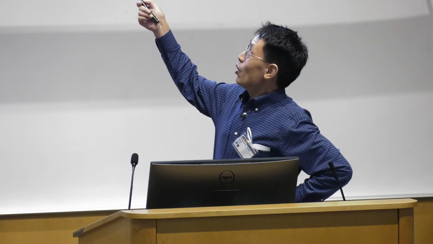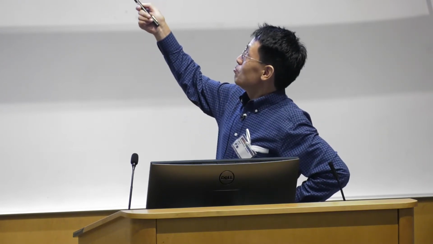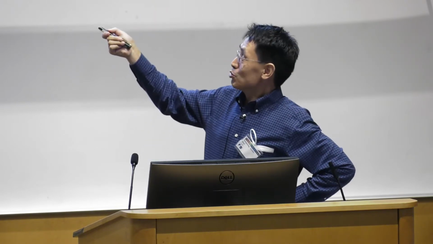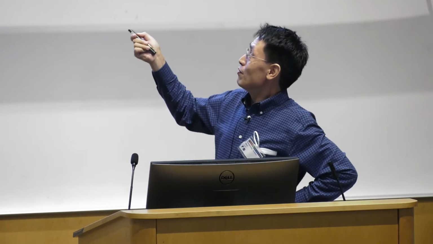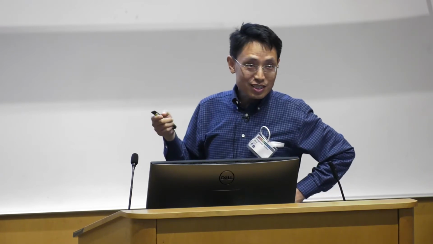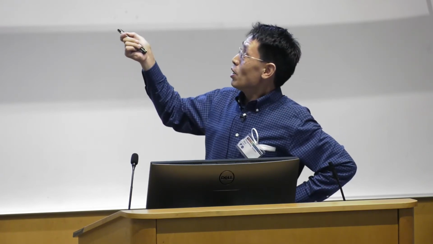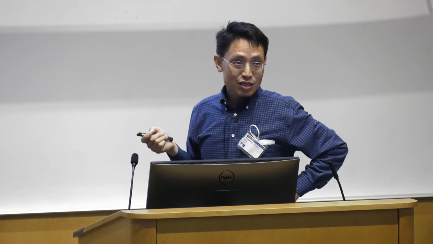And correspondingly, you will have a matrix to connect the incident light Stokes parameters to the scattered light Stokes parameters. And instead of 2 by 2, now you have 4 by 4. The catch is that the 4 by 4 matrix elements are all real numbers. These are all real numbers.